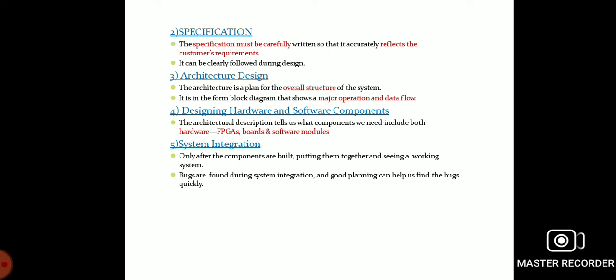Then system integration: only after the components are built do we put them together and see a working system. Bugs are found during system integration, and good planning can help us find the bugs quickly.